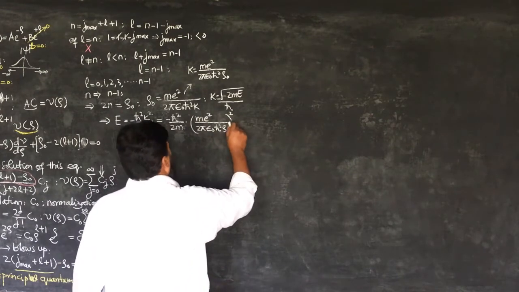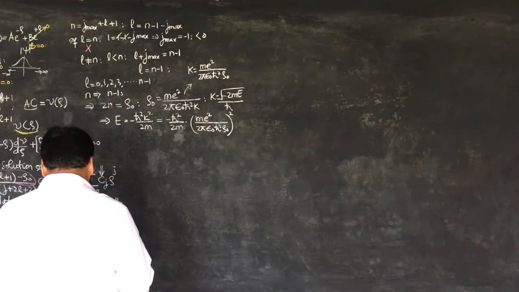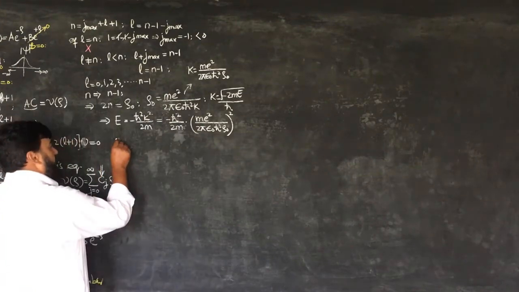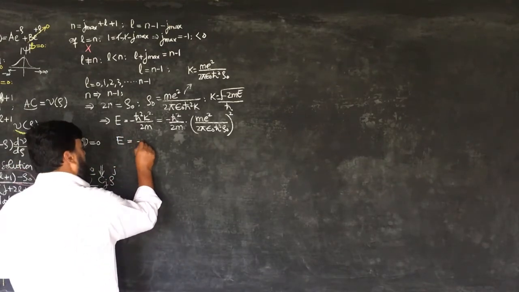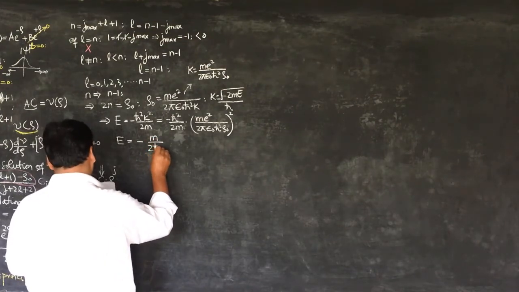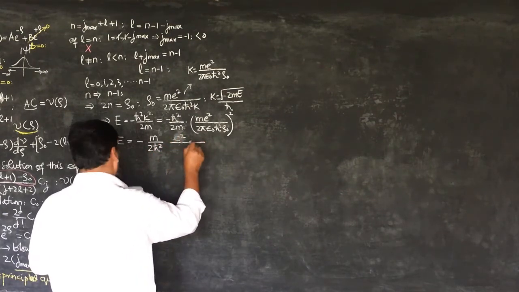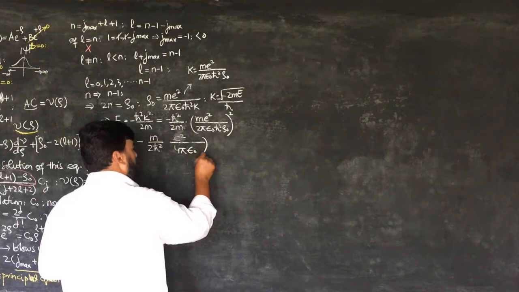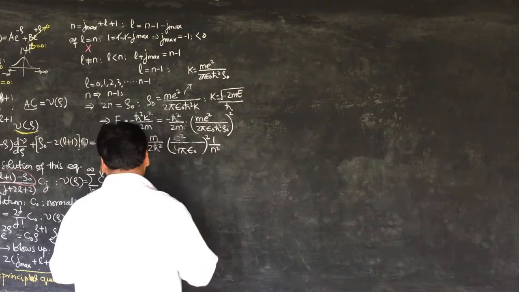And if I put rho naught as 2n, then I will get that E is equal to minus m over 2 h bar squared and e squared divided by 4 pi epsilon naught, whole squared, and 1 over n squared.